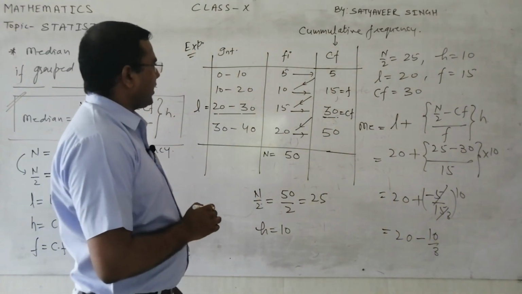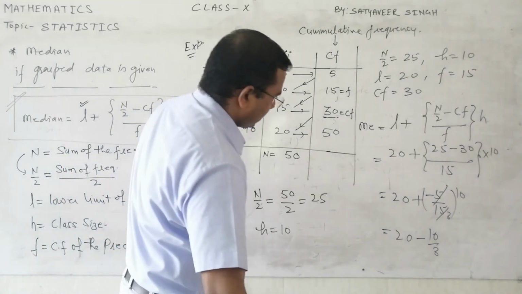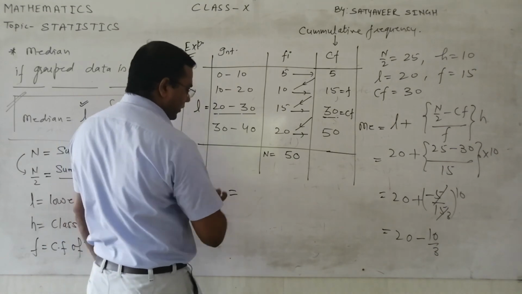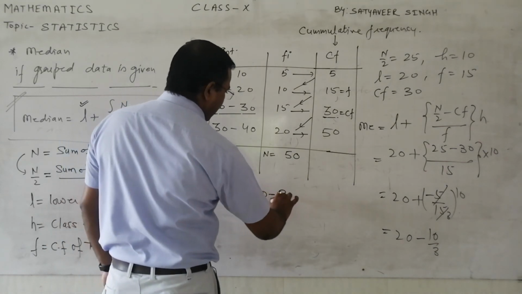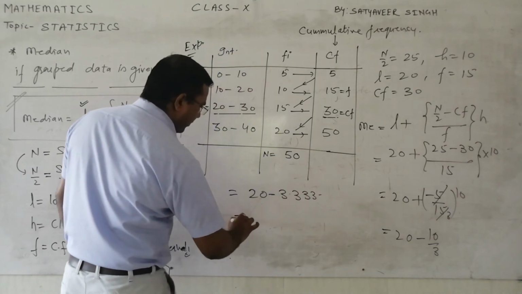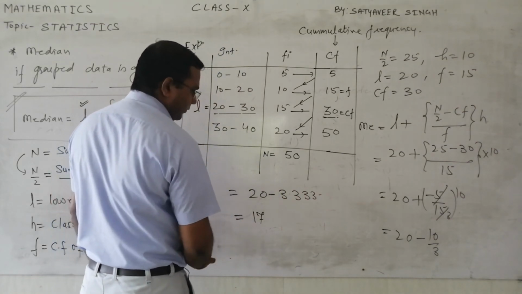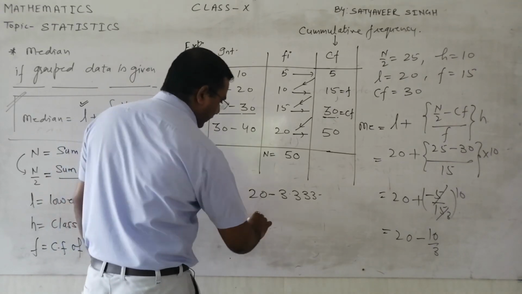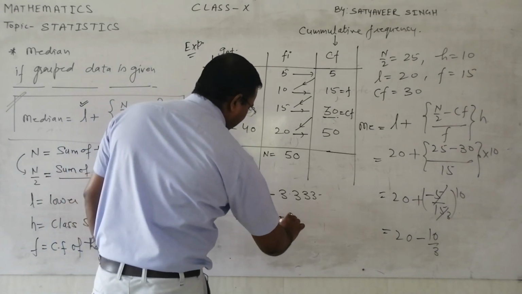We can simplify that further. So we can write that this is equal to 20 minus 3.333 and so on. It is 20 minus 3.33. So we can subtract something like this.